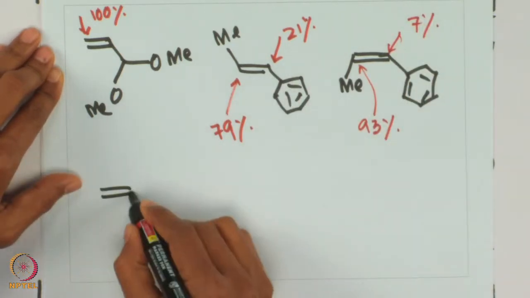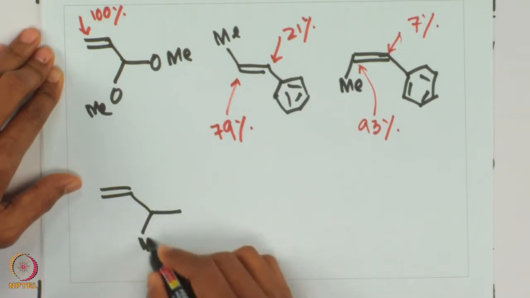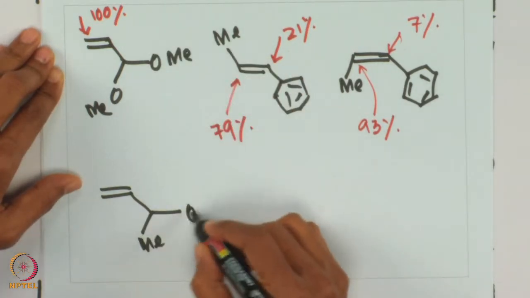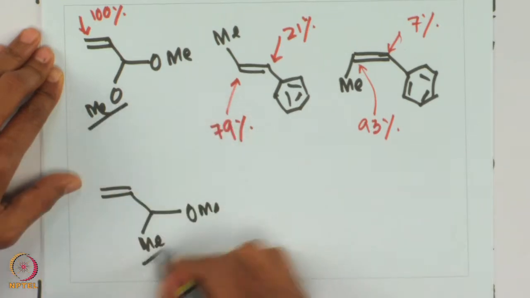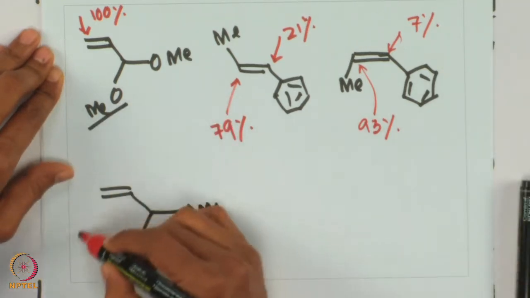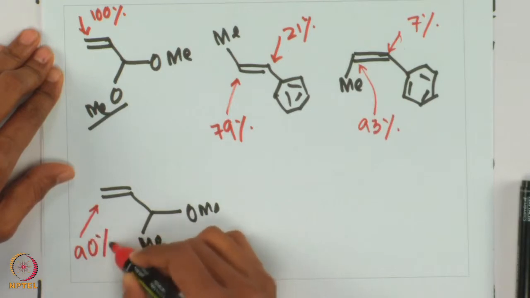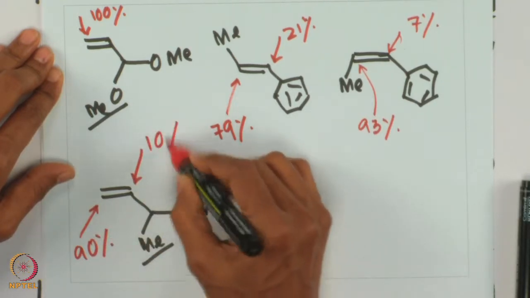And if we have a further substituted one, similar to this but now with a methyl with respect to this one, we get 90% selectivity for this site and 10% selectivity for this site.